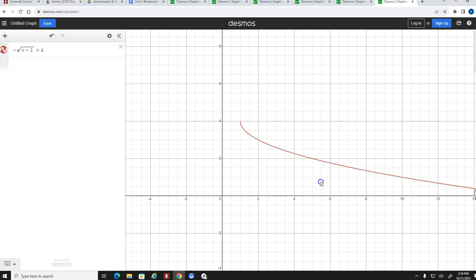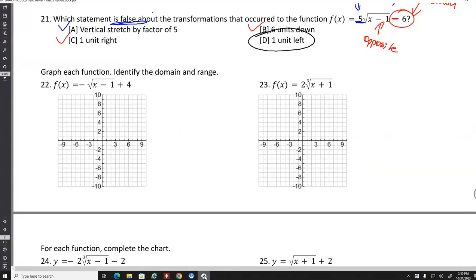So the function looks like that. This is the point where it starts, which is 1 and 4. And then it does reflect over the x-axis, so it's just going to go kind of in this direction.